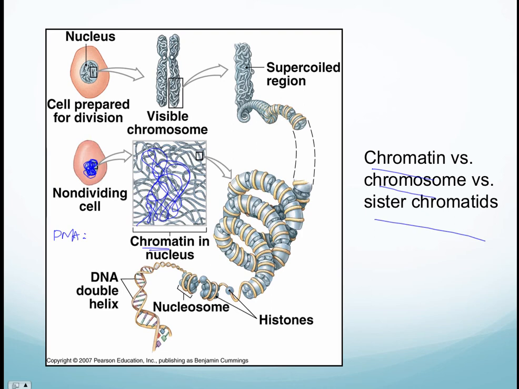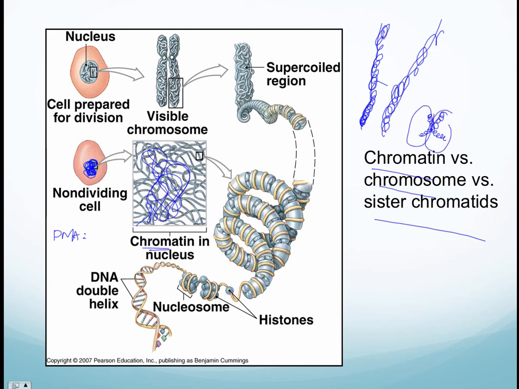Now, when the cell prepares for division, you're going to have, here's one chromosome, here's another chromosome, but what's going to happen is that it's going to start condensing itself. Okay, and here is going to be the duplicated material. All right, so that's why you see two, but really they're bound together. So what you're going to see is a lot of times the DNA looking just like that. Here I'm showing you two separate ones just for the sake of showing it to you. So this is an exact copy of this one right over here.